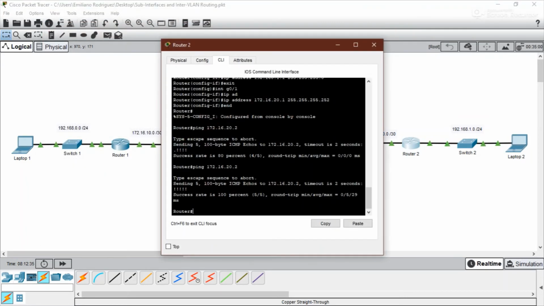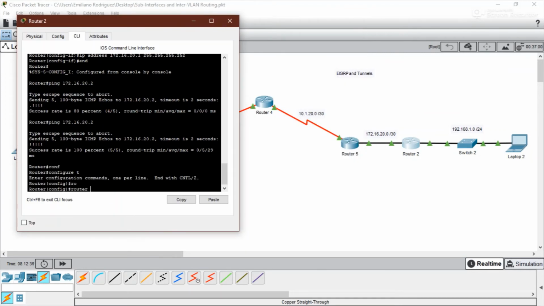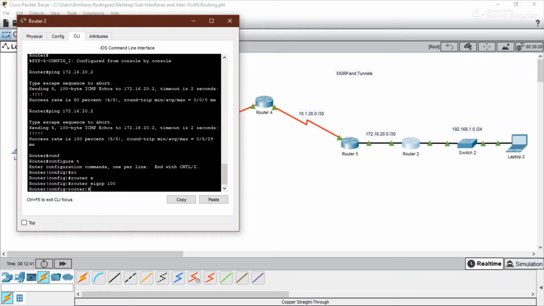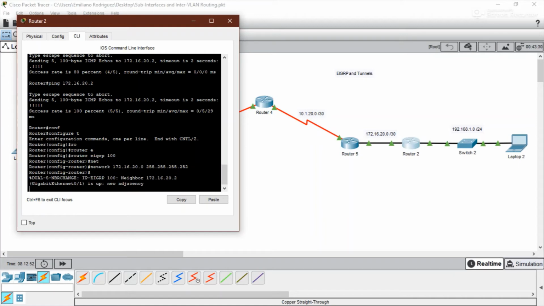On router 2, router EIGRP 100, network 172.16.20.0/30. And now router 2 has an adjacency with router 5.